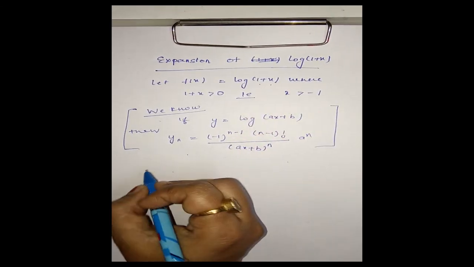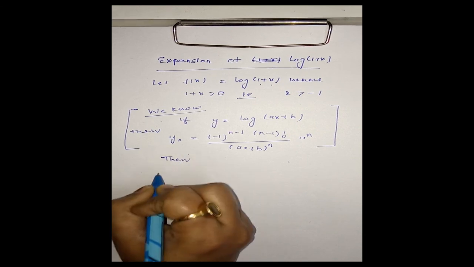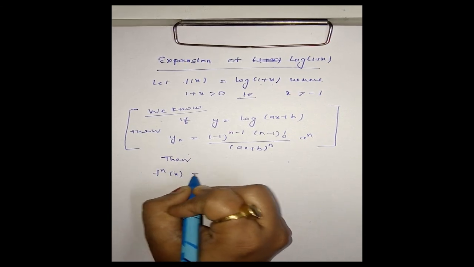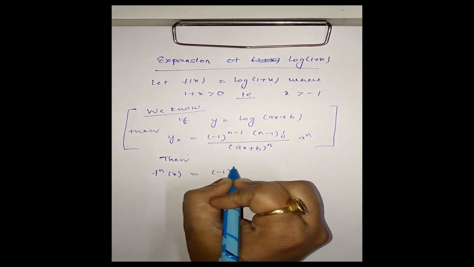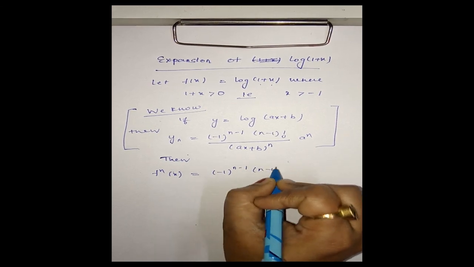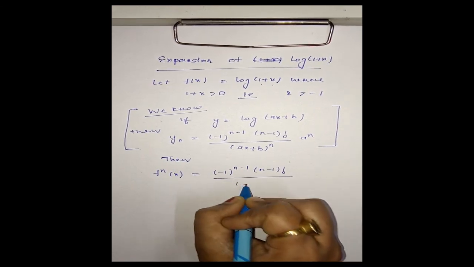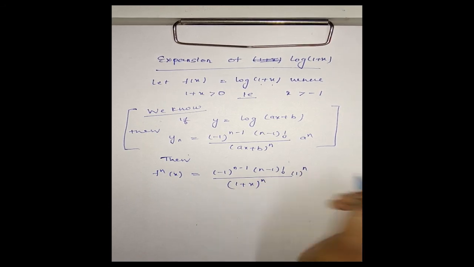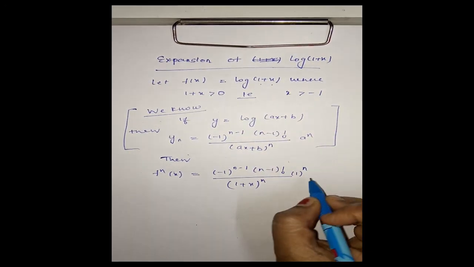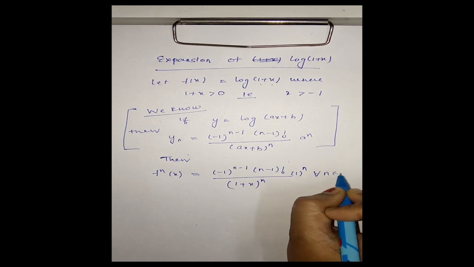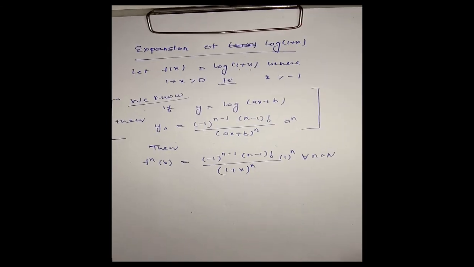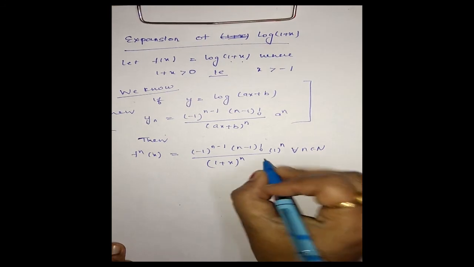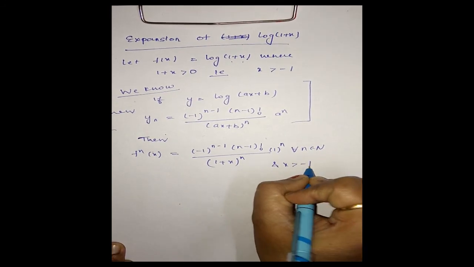Okay. Therefore, f_n(x) is equal to (minus 1) power n minus 1 into n minus 1 factorial divided by (1 plus x) power n and 1 power n. A is 1 here, for every n in N and x greater than minus 1.